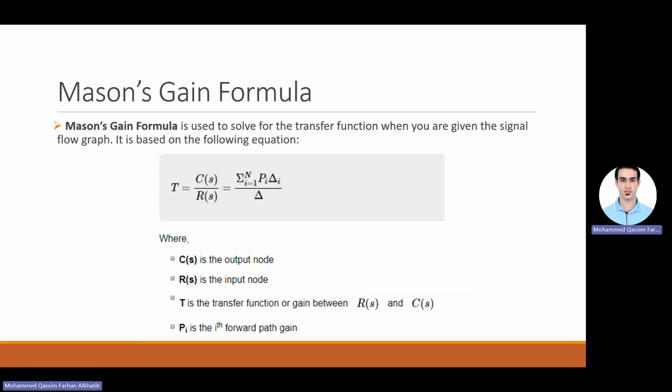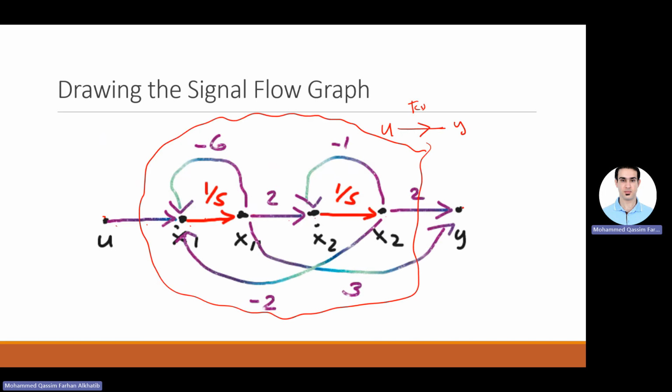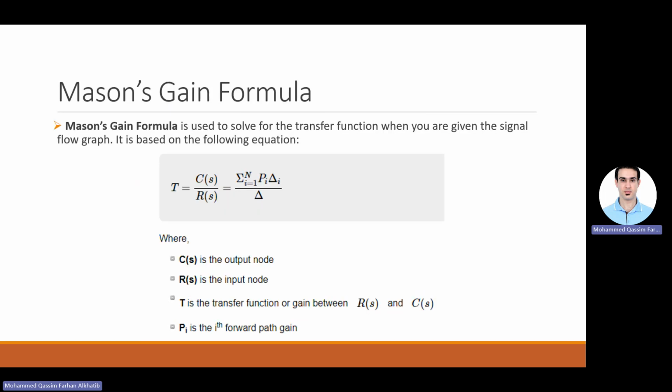And for this one, we'll use something called Mason's gain formula. Mason's gain formula is just an expression where you extract certain information from the signal flow graph given to you, apply the formula, and you will immediately have the output expression ready. So Mason's gain formula is used to solve for the transfer function when you are given the signal flow graph.